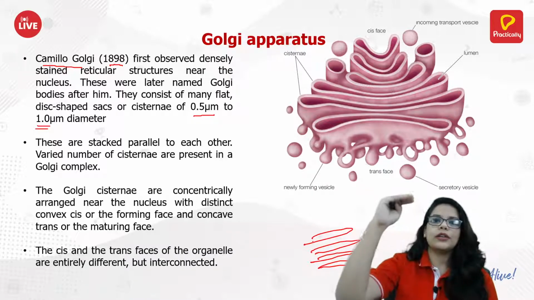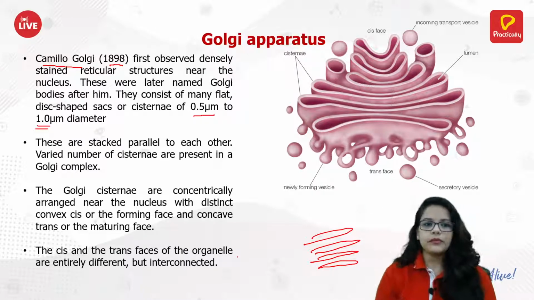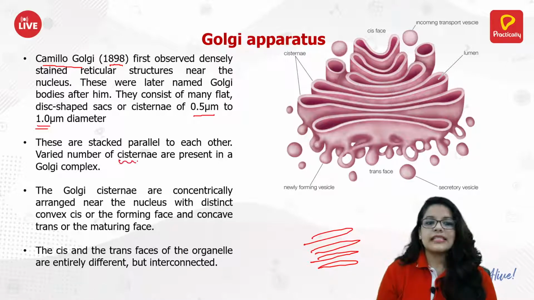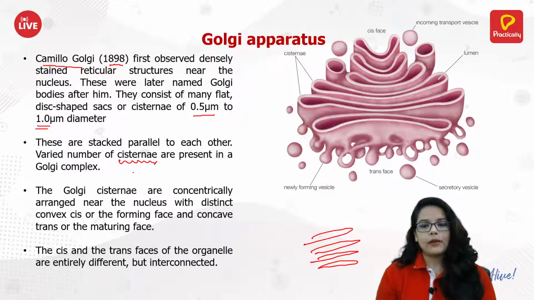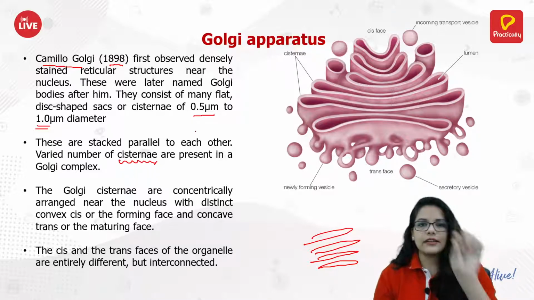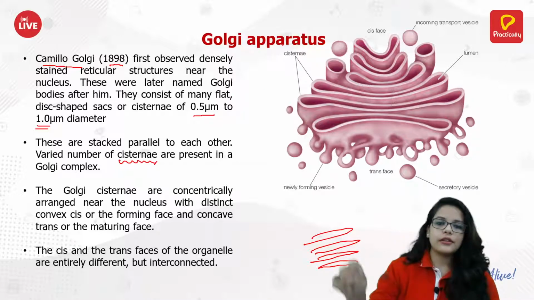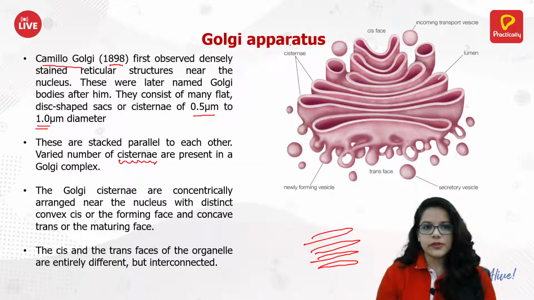Okay, and these stacked sac-like structures are known as cisternae, and together it is known as the Golgi apparatus.